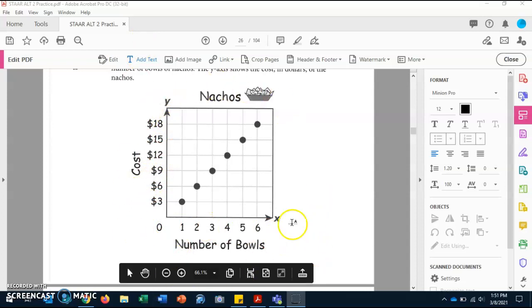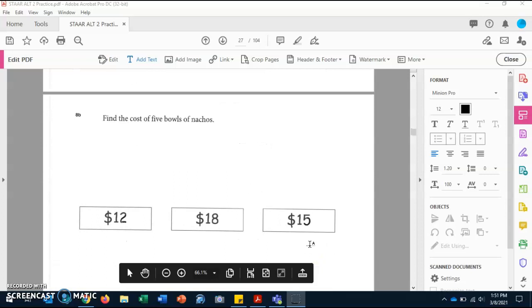If we observe the graph first, we can see that as the number of bowls goes up, the cost goes up too. If we were to put all these dots together, we know that they're increasing. It is not going down, so it's not decreasing. As the number of bowls goes up, the total cost goes up too.